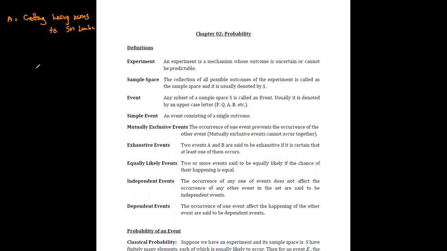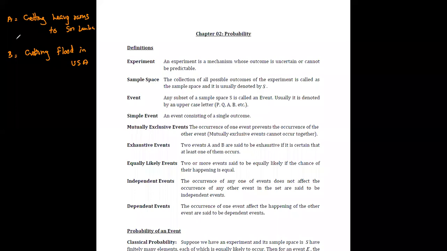And I am considering another event, getting floods in USA. If you are considering these two events, getting heavy rains in Sri Lanka has not affected getting floods in USA, or vice versa. It means that getting floods in USA does not affect getting heavy rains in Sri Lanka. Therefore, these two events can be considered independent events.